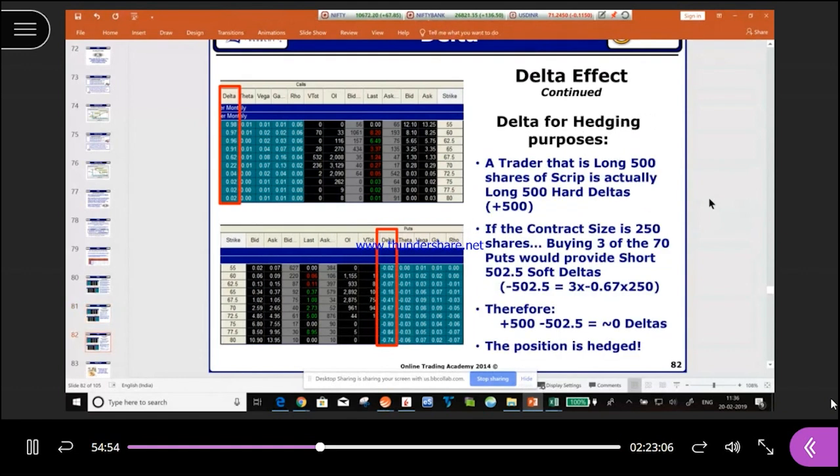Now this is the last sheet of delta. This is only for information purposes, with no nitty-gritty details about hedging. That is there in Proactive Investor. It's not a part of this because we don't use hedging for trading. I want you to go through this. Very simple and straightforward.